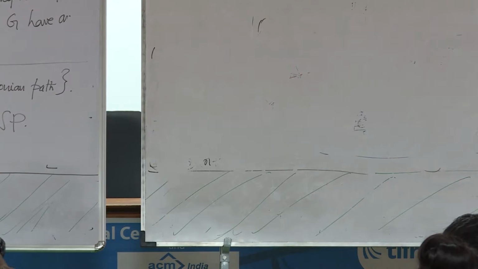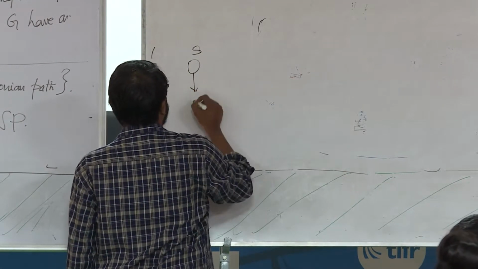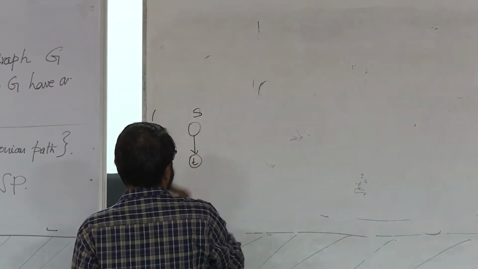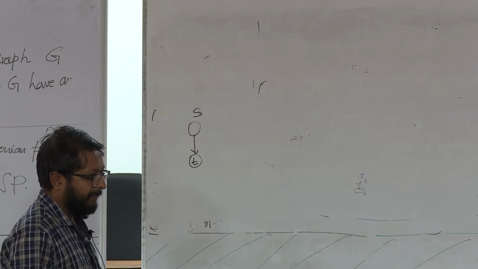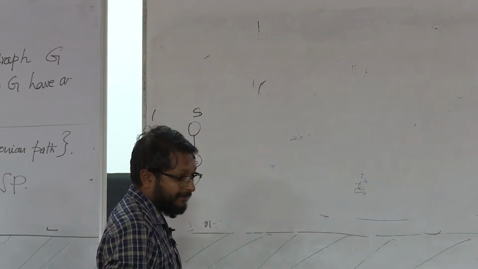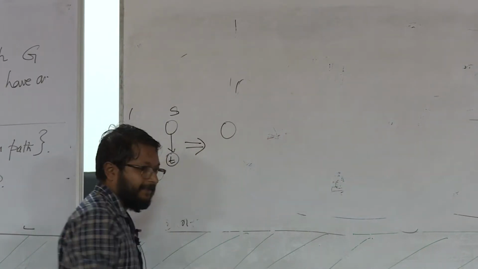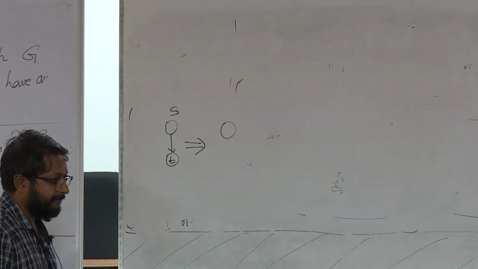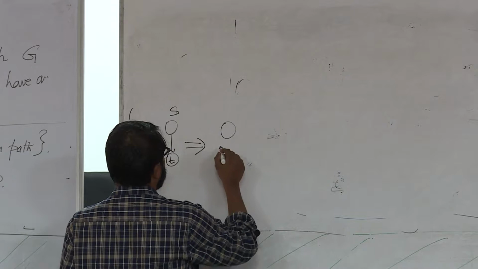No, okay, let's see. Look at this. If this is your S and this is your T. Now for this graph, what is your new graph? This is your original graph. So G is this, S is this, T is this. What is your new graph? What is your newly constructed graph? H. Put an extra edge from T to this.